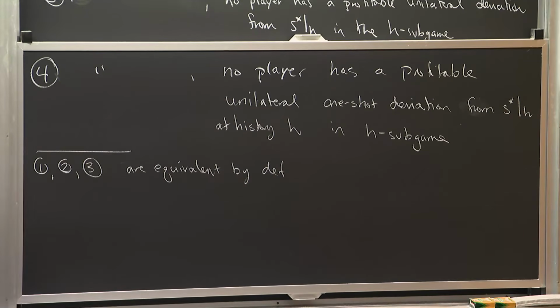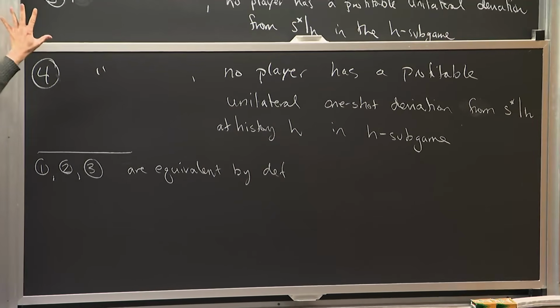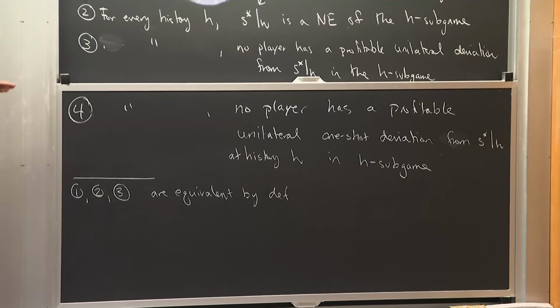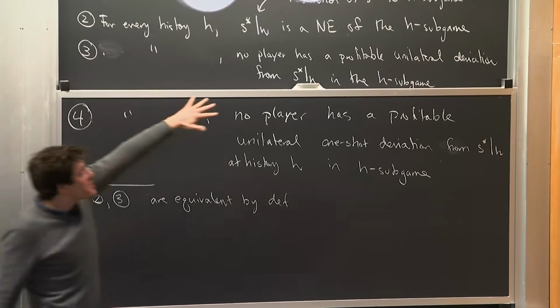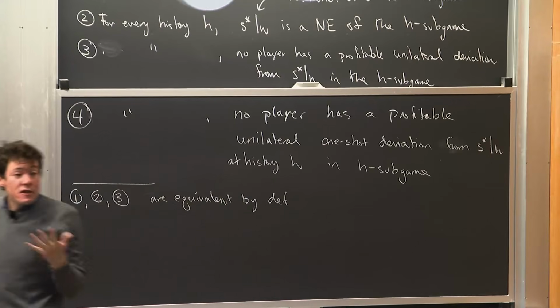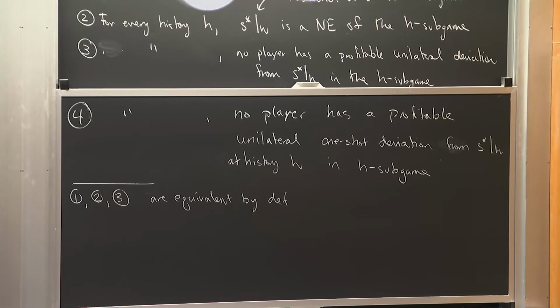The equivalence of 1 and 2 is just a statement about the definition of subgame perfect Nash equilibrium and the structure of the subgames. The equivalence of 2 and 3 is just a statement of the definition of Nash equilibrium. We're just breaking down what it means for something to be a Nash equilibrium. It means no player has a profitable unilateral deviation.